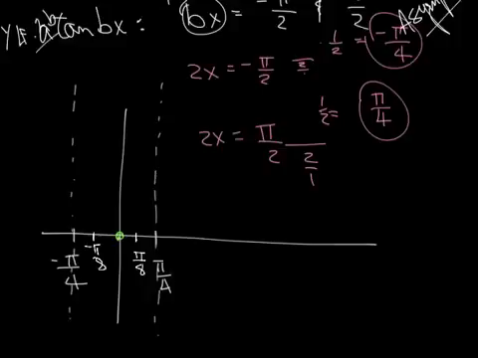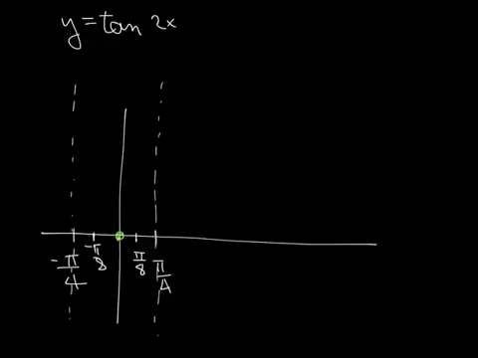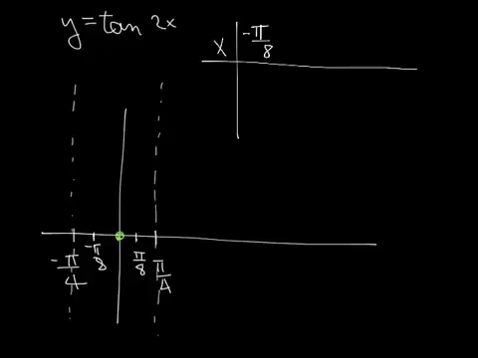But what are our y values? If x is pi over 8, I'll make a table here. Remember when we did this? We plug negative pi over 8 in here, multiply it by 2, and we get negative pi over 4. Take the tangent of negative pi over 4, and we get our y value. So y ends up being negative 1.